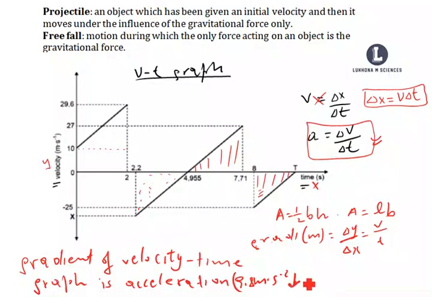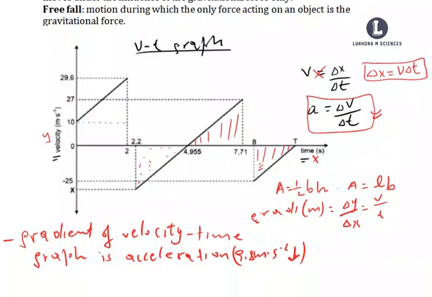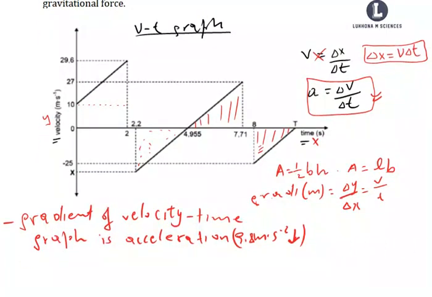We write that. So that is the first thing that we need on this graph: when they ask which physical quantity the gradient represents, you must know that the gradient of this graph is acceleration. Gravitational acceleration is the gradient here.